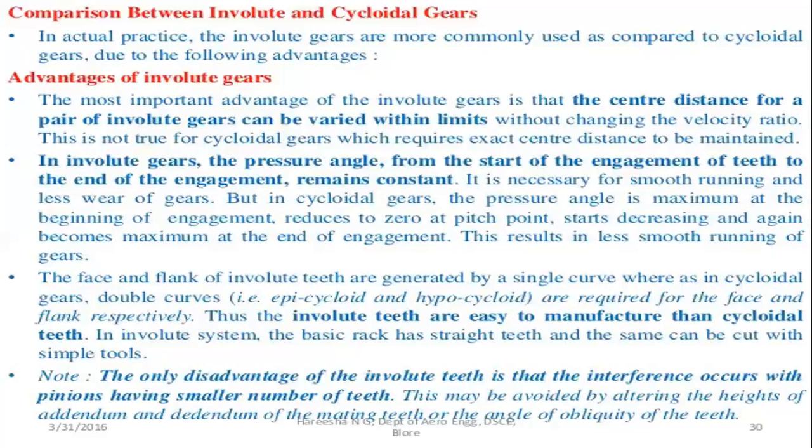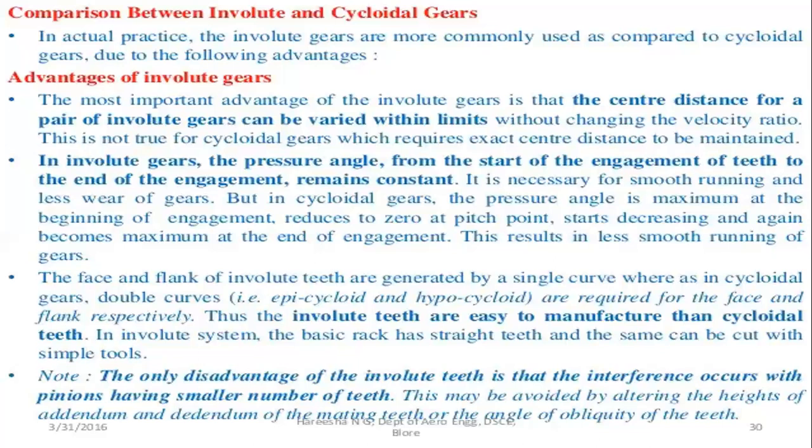The only disadvantage of the involute teeth is that interference occurs with pinions having a smaller number of teeth, whenever these gears are meshed.